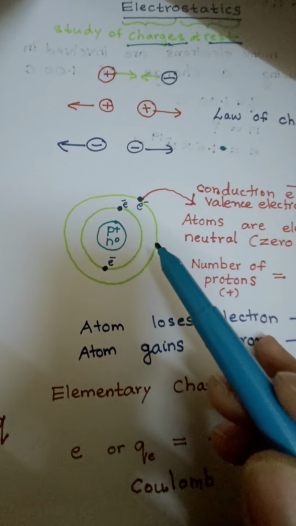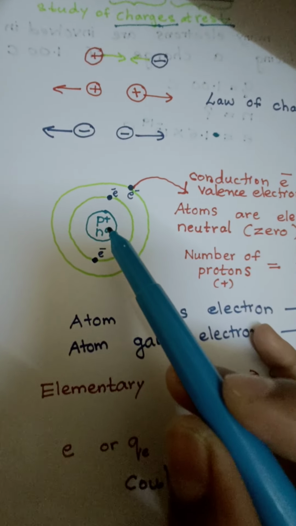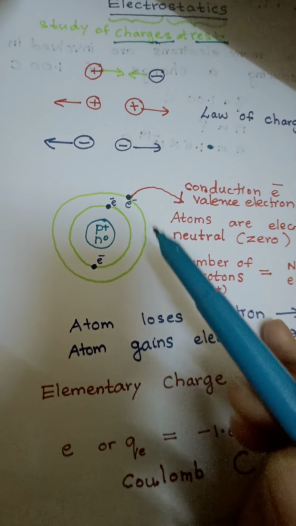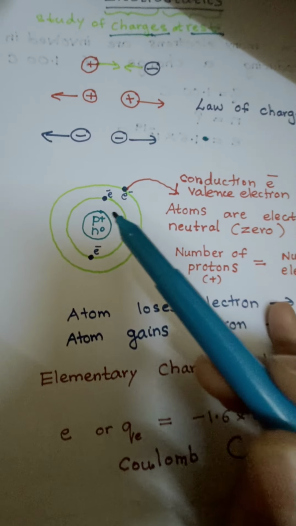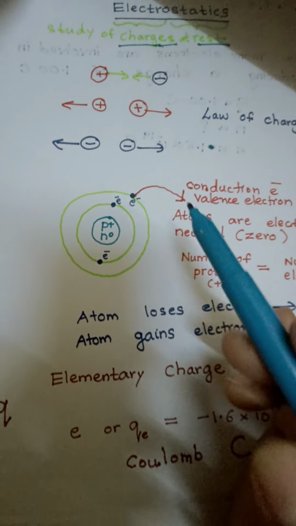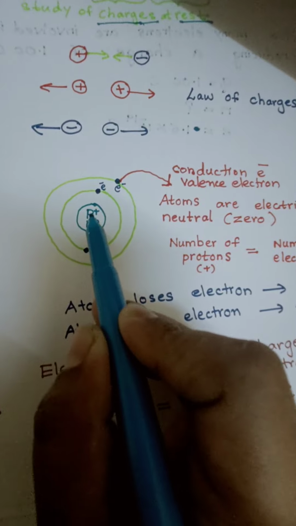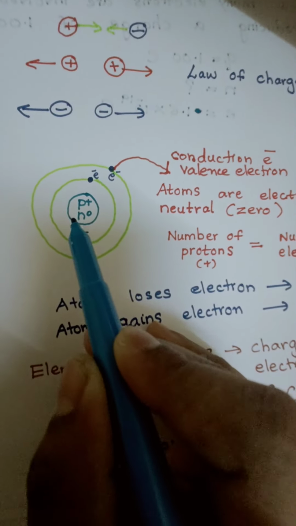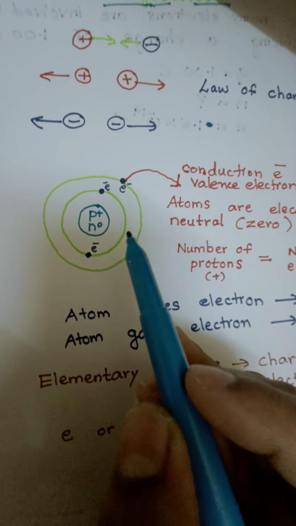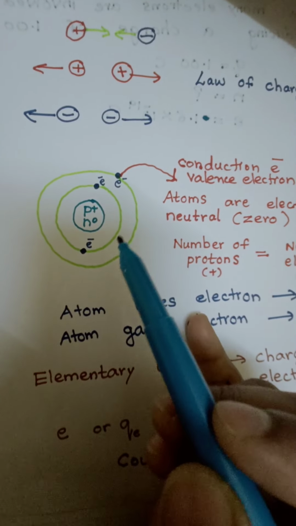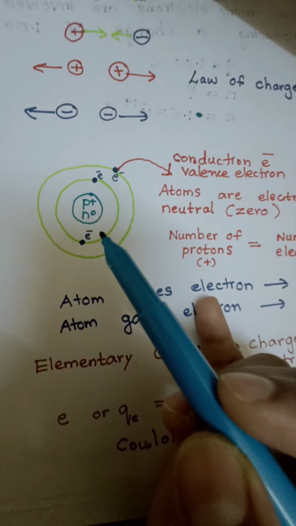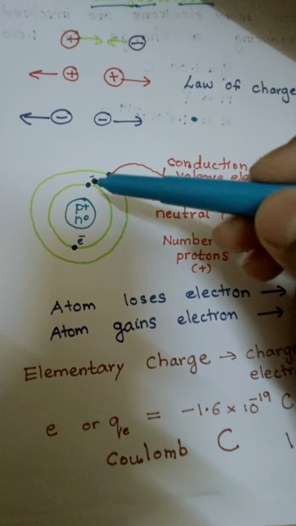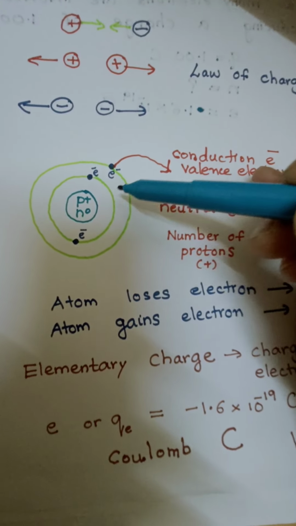An atom consists of a nucleus and orbits surrounding the nucleus, just as shown in this picture. We know that inside the nucleus we have the positively charged protons and the chargeless neutrons. And outside the nucleus, electrons will be moving around the nucleus. Here you can see in this particular atom we have two orbits.